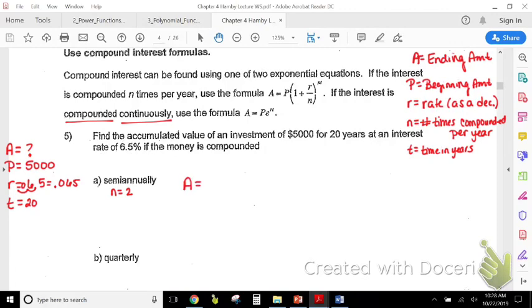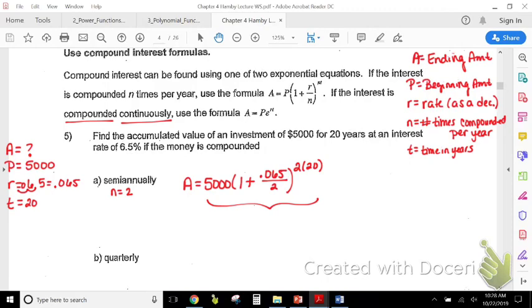All right, so let's plug this in. A equals P times 1 plus our R as a decimal over our N, raised to the N times the T. Now we're going to plug this side in our calculator.